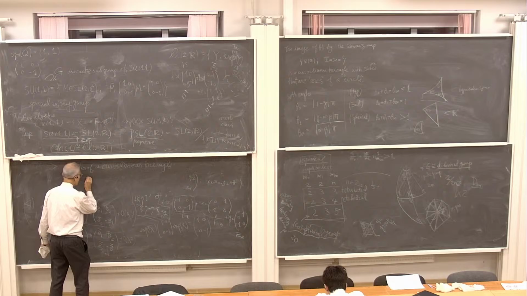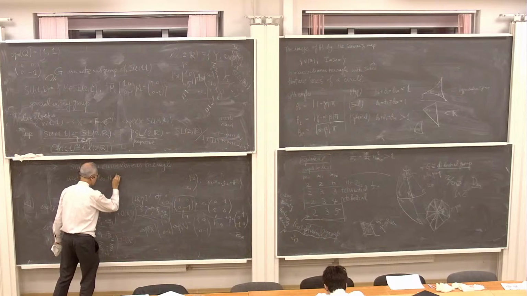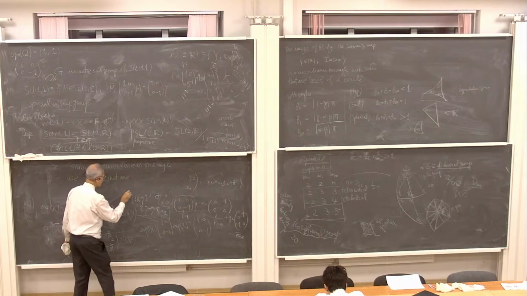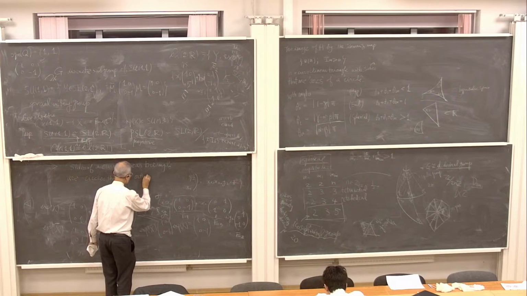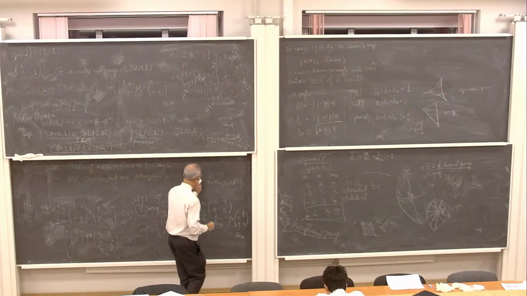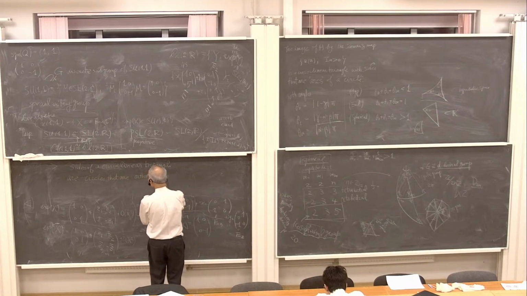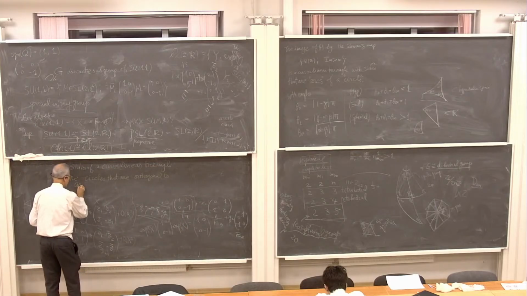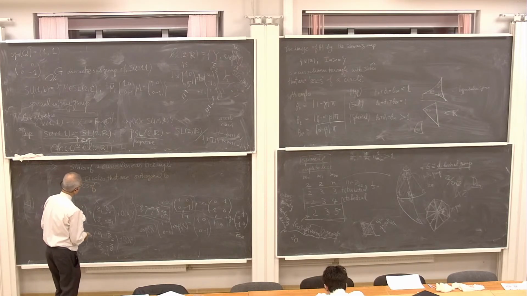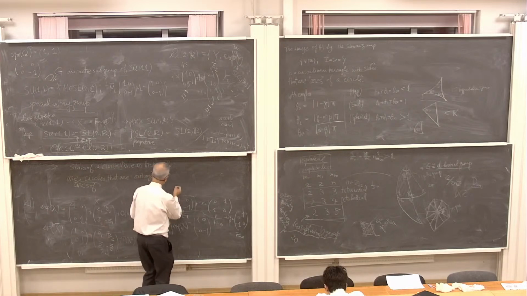Of course, these are arcs of circles that are orthogonal to the real axis.